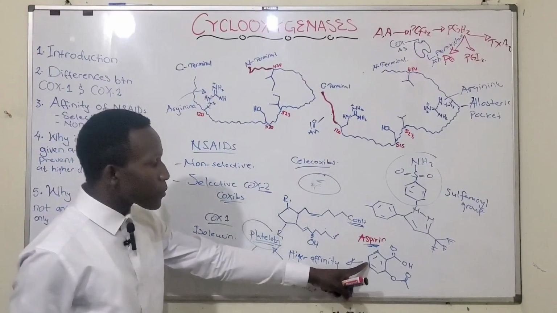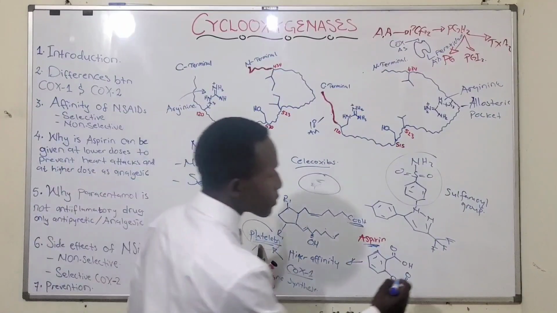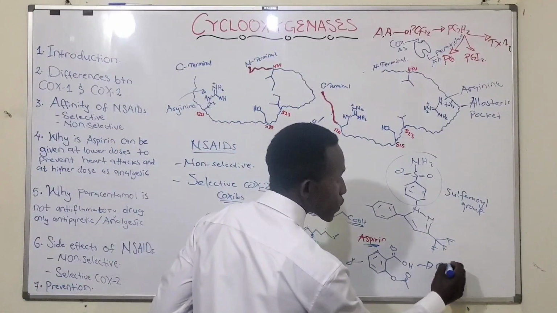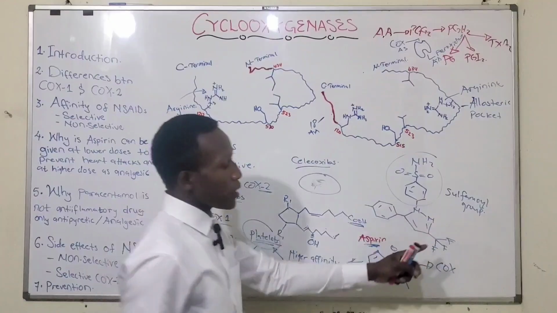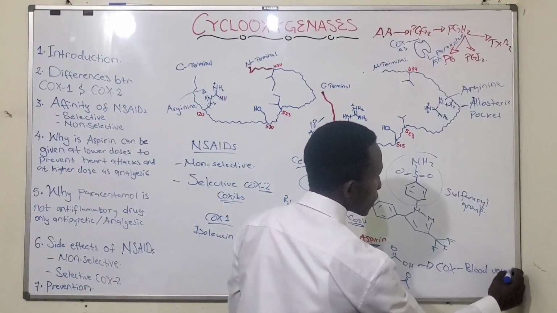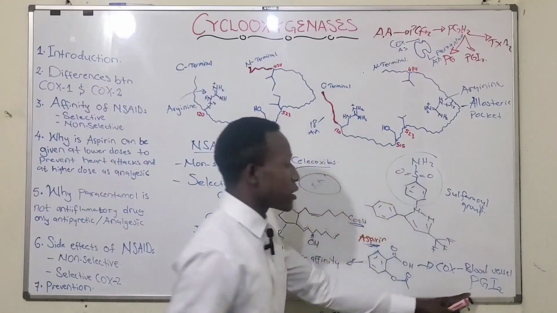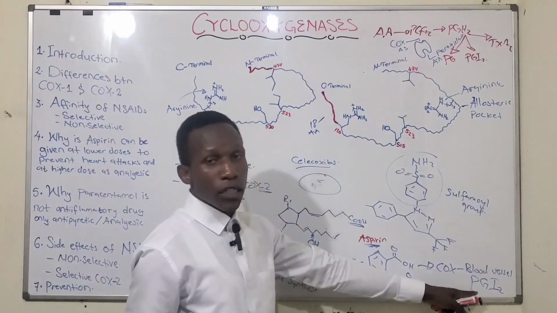So if aspirin inhibits the COX1 in platelets, it can also inhibit the COX2 in the blood vessels, meaning that the prostacyclin, or prostaglandin I2, can also be inhibited.